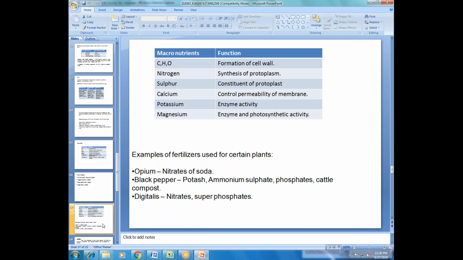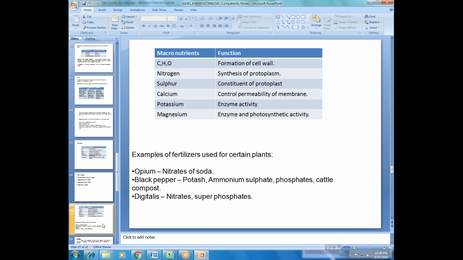Examples of the fertilizers used for certain plants: opium, nitrates of soda; black pepper, potash, ammonium sulfate, phosphates, cattle compost. Apart from this, cattle compost is the best one we can use as a good manure. Digitalis: we use all these additional ones because the soil doesn't contain them.